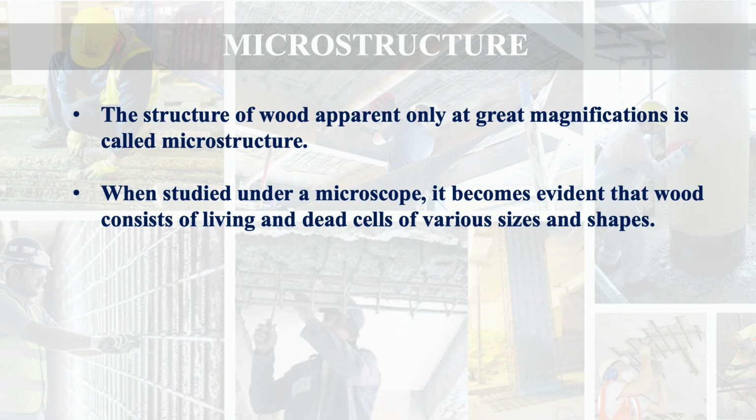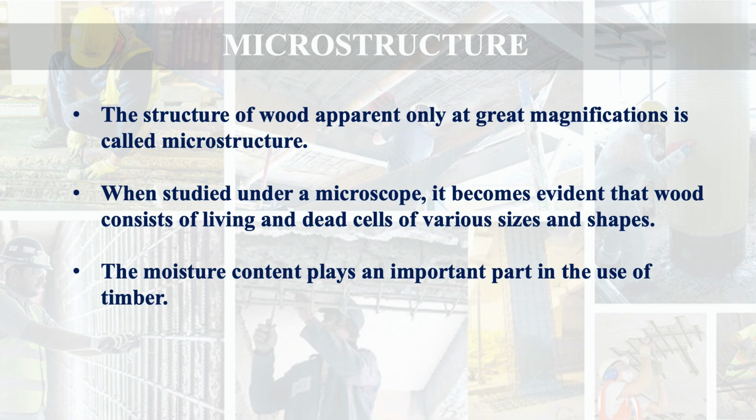When studied under a microscope, it becomes evident that wood consists of living and dead cells of various sizes and shapes. The moisture content plays an important part in the use of timber.